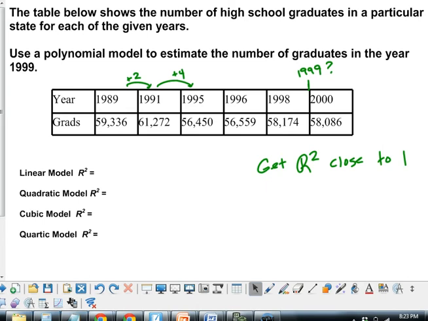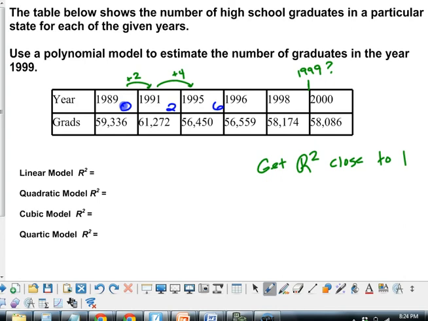So anytime we have years or some time period as an x coordinate, we start off with the first one being a value of 0, and then we go from there. To go from 1989 to 1991 was an increase of 2, so going from 0, that would make 1991 2. And 1995 would be however far 1995 is from 1989, we would go that far from 0. So that would be 6.